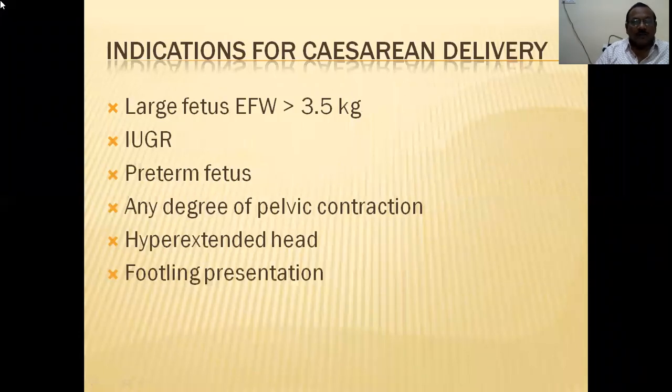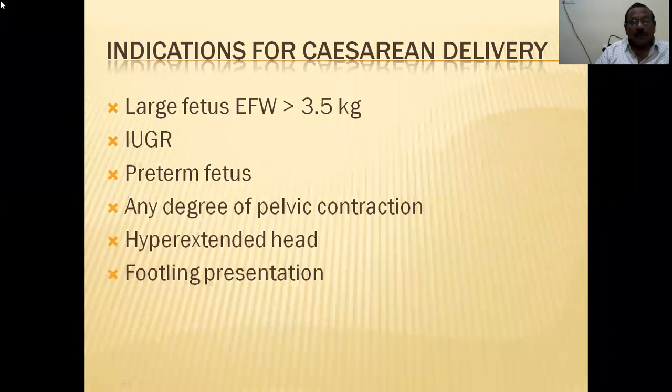Indications for cesarean delivery: large fetus with estimated fetal weight of more than 3.5 kgs, IUGR, intrauterine growth retardation, preterm fetus, any degree of pelvic contraction, hyperextended head, and foot presentation are the indications for cesarean section.